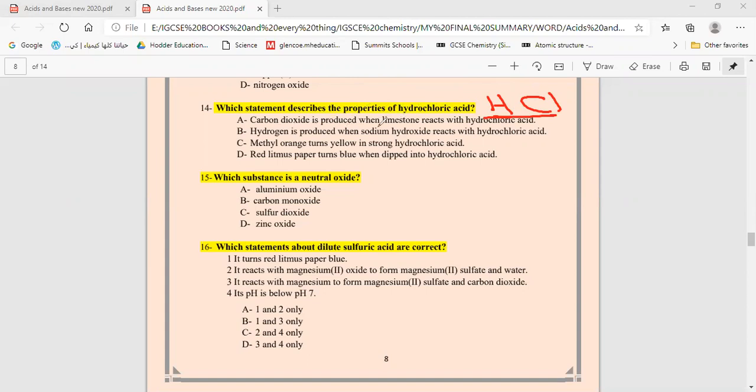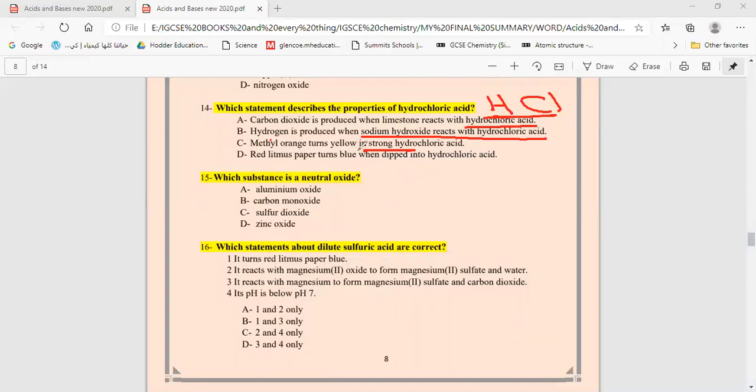Carbon dioxide is produced when limestone reacts with hydrochloric acid. Hydrogen is produced when sodium hydroxide reacts with hydrochloric acid. Methyl orange turns yellow in strong hydrochloric acid, or red litmus paper turns blue when dampened in hydrochloric acid.